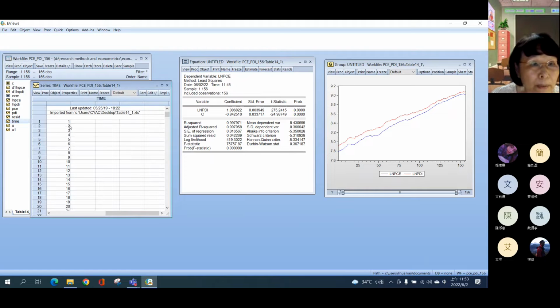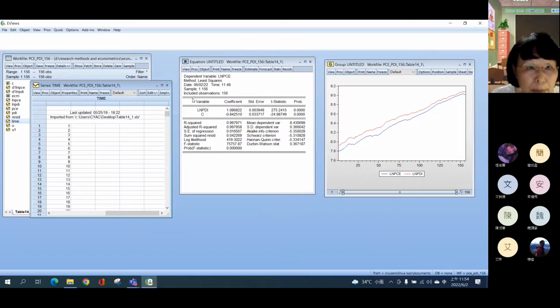If I open it, we have 158 observations, and the values of the time variable run from the first one to the last one. So if we have a trend variable, we may be able to use time as another X variable to detrend the relationship between LMPCE and LMPDI.